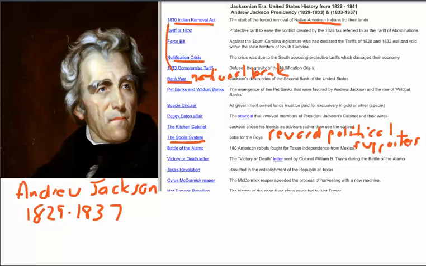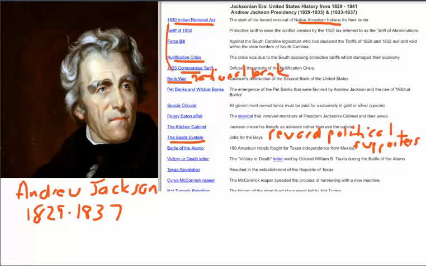Well, Jackson handled this nullification crisis brilliantly. He was very strong in telling South Carolina that nullification is illegal. It would break up the United States. We're going to force you to pay the tariff. But then at the same time, he worked for compromise in Congress to lower the tariff.